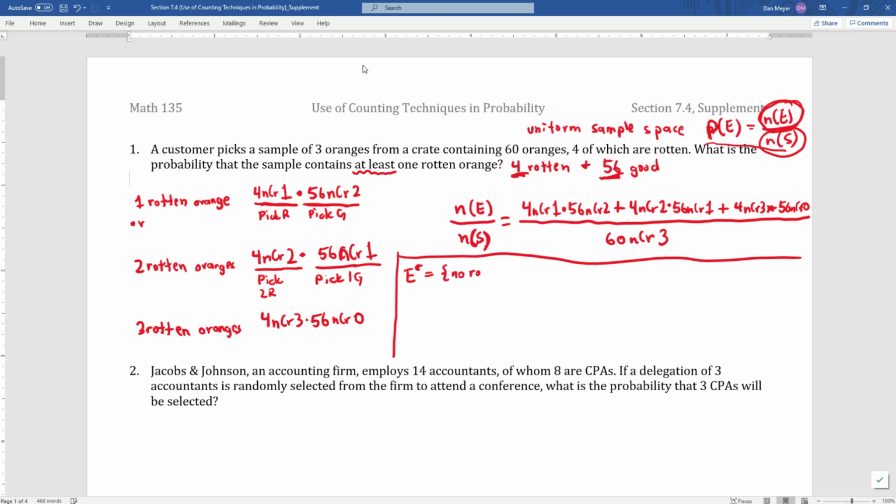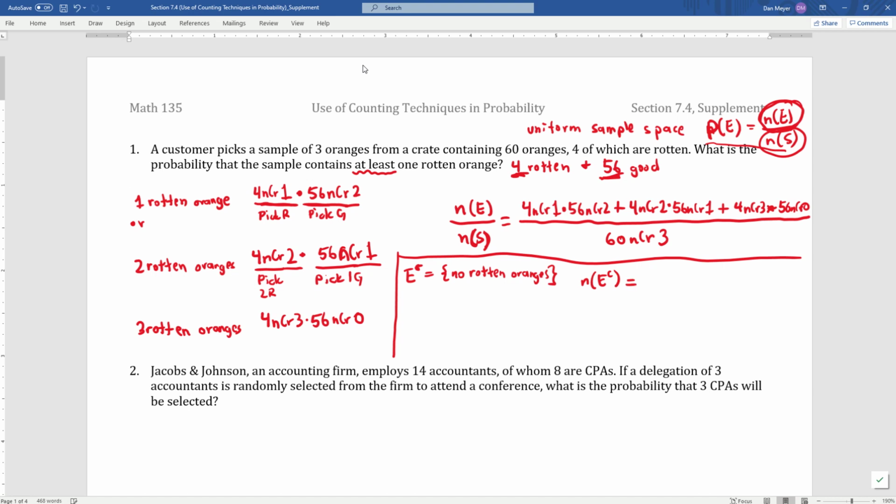No rotten oranges. And so for the E complement, the number of things in E complement, there's only one case there. 0 rotten oranges. There's only one case in the complement.